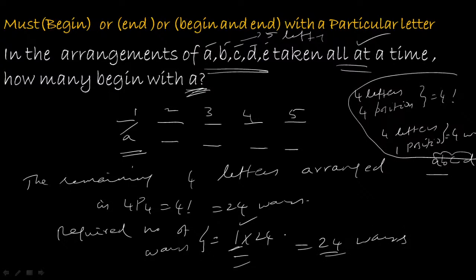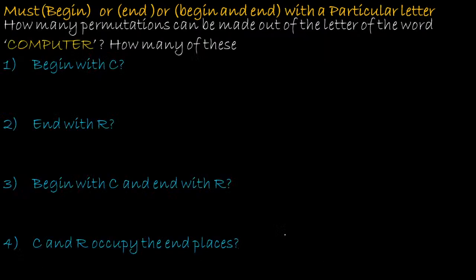Now let me move on to a problem under this category, including all cases: beginning, ending, beginning and ending, and any one of them occupying the beginning or end place. How many permutations can be made out of the letters of the word COMPUTER?